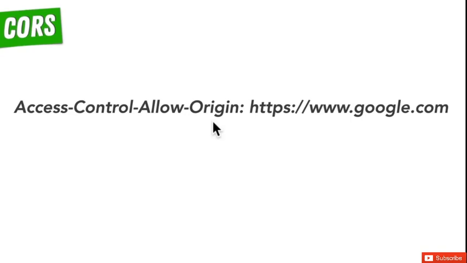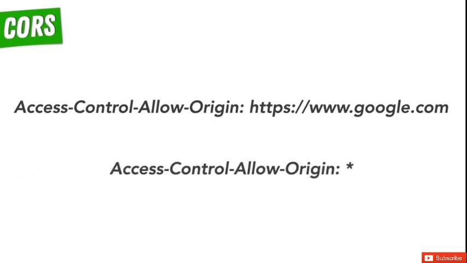Or alternatively, we can, like we saw with wikimedia.org, set access control allow origin to allow all, or this asterisk symbol, which allows requests from any origin.